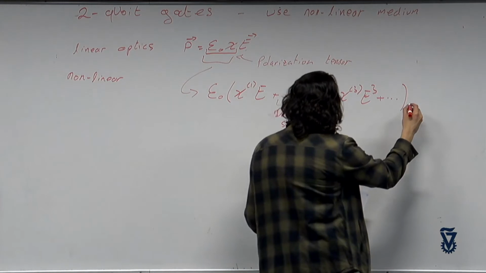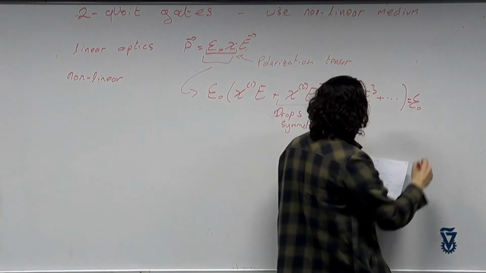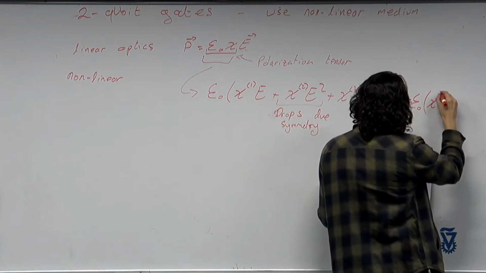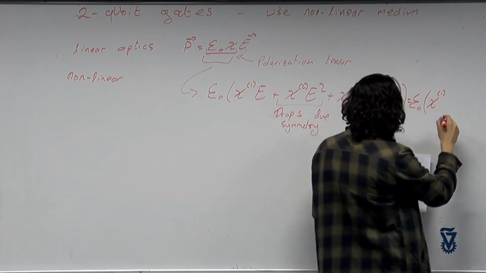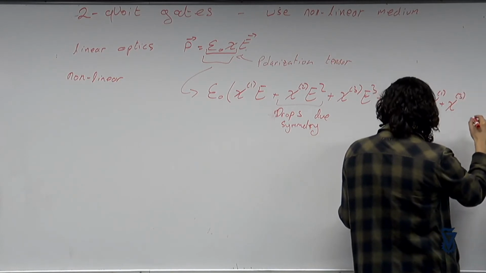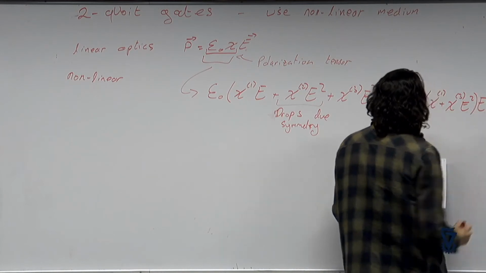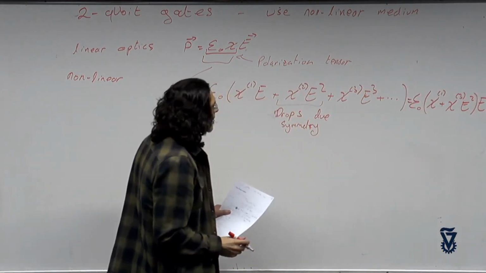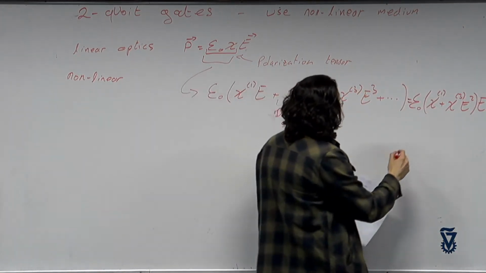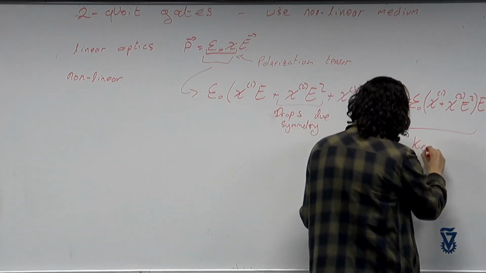And then we're left with something that looks like this: epsilon naught, chi 1 plus chi 3 E squared, E. And the description of this thing, this is what you usually call a Kerr medium.